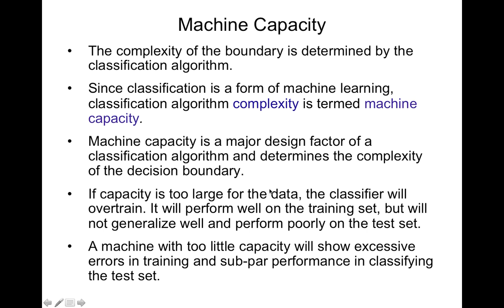If the capacity is too large for the data set, the classifier will overtrain. It'll perform well on the training set, but it doesn't generalize well and it performs poorly on the test set. If it has too little capacity, it will show excessive errors in training and have subpar performance in classifying the test set. So these are the engineering trade-offs that occur with regard to machine capacity.